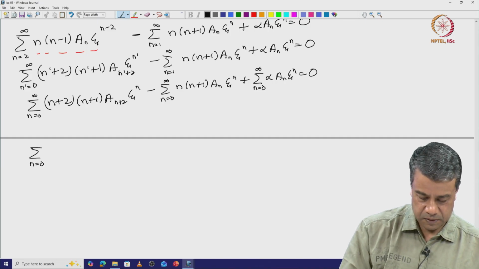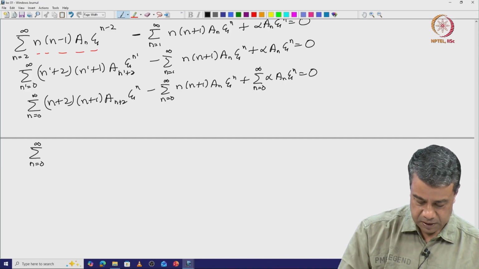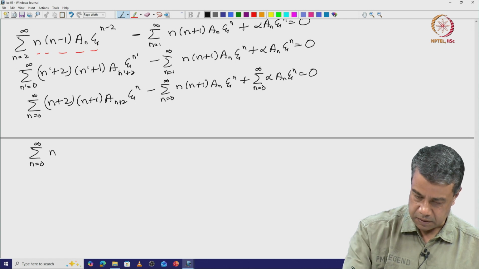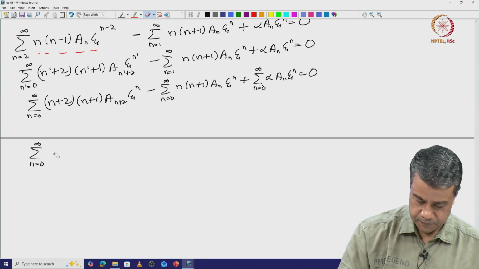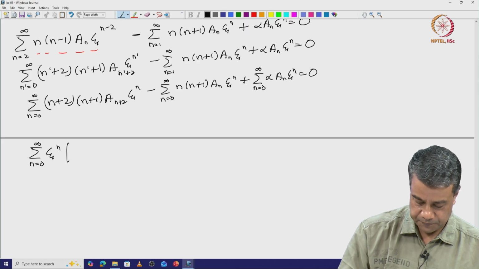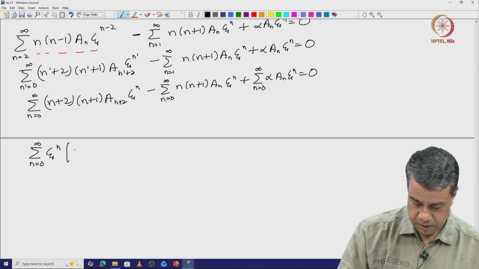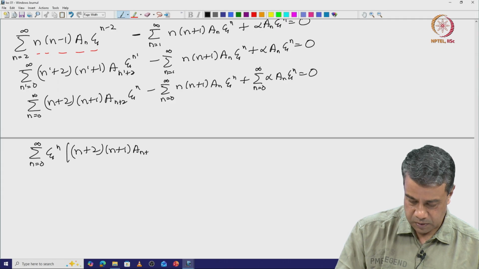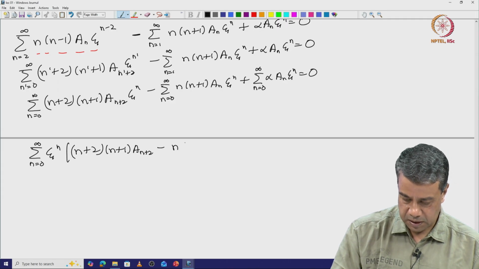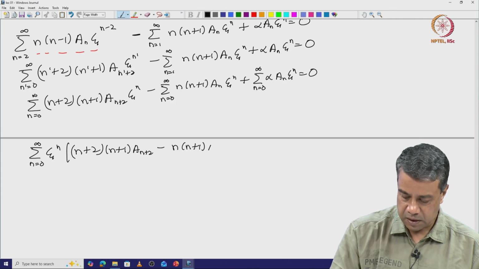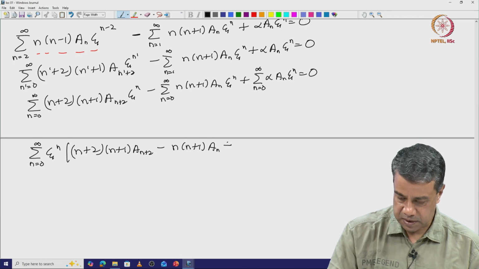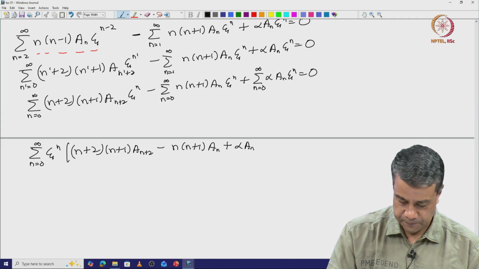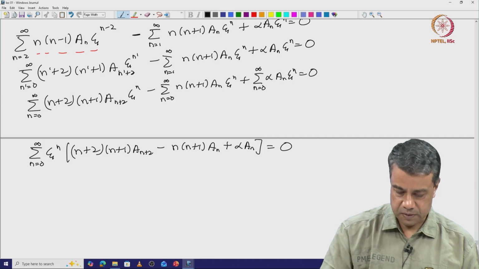The summation over n equal to 0 to infinity of psi power n into [n plus 2 into n plus 1 a n plus 2 minus n into n plus 1 a n plus alpha a n] is equal to 0.